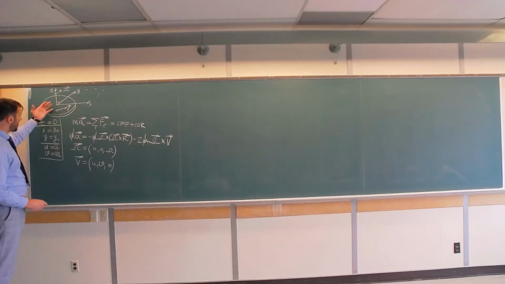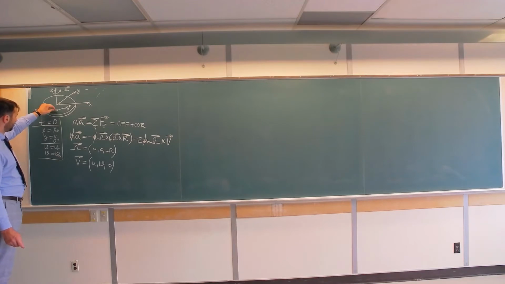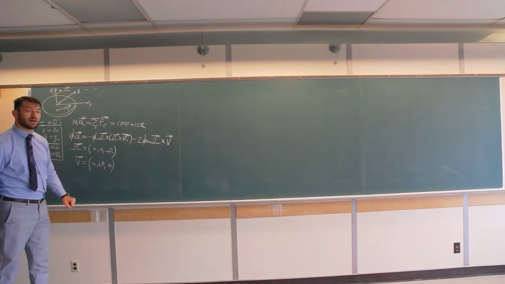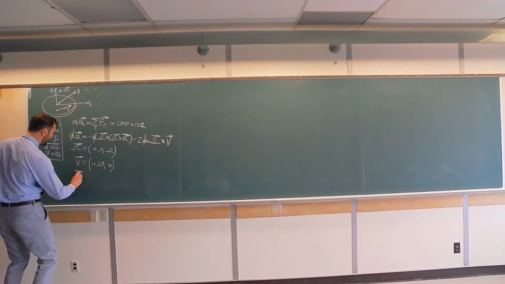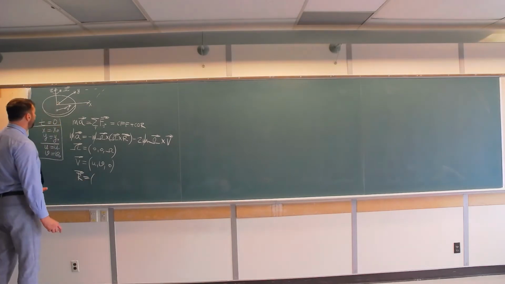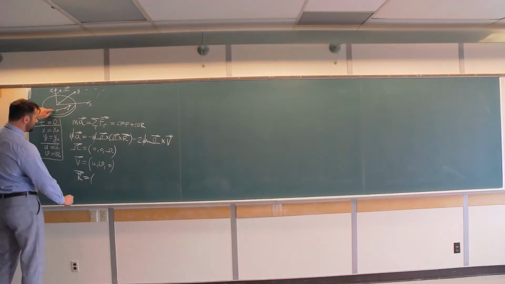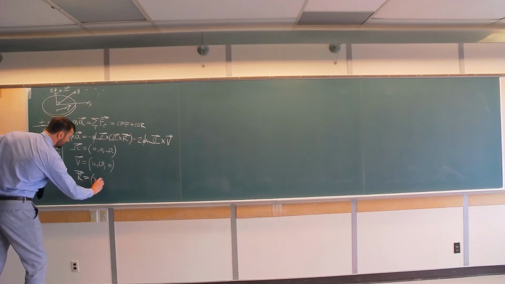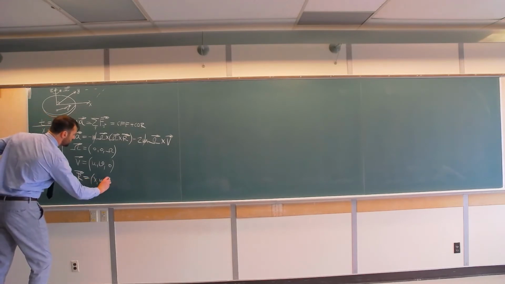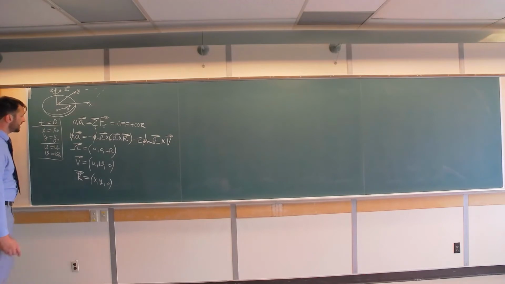So if you tackle this problem, but you allow this particle, this small ball, to bounce on the disk, which can be solved, then you would have w here, but we don't have that. And lastly, components of vector r. Again, this particle is on the plane of the disk, so there is only an x and y component, and there is no z component of the radius vector r.